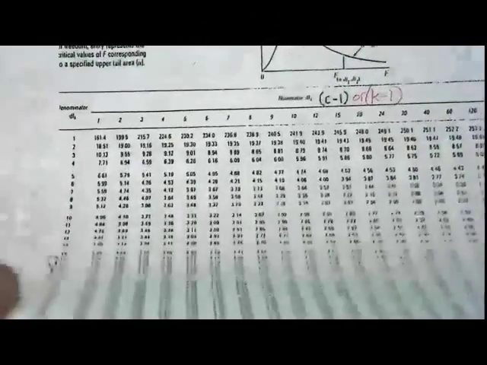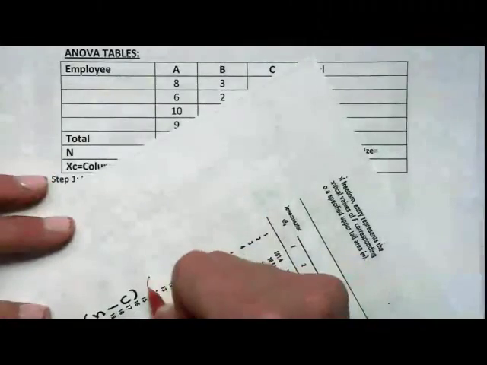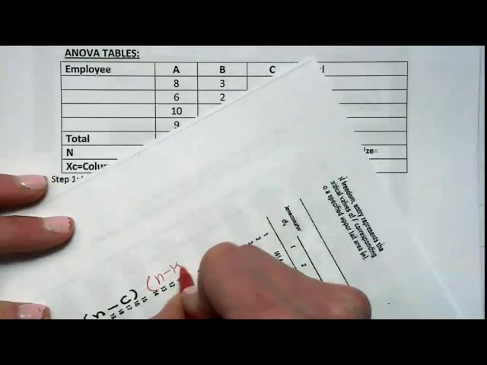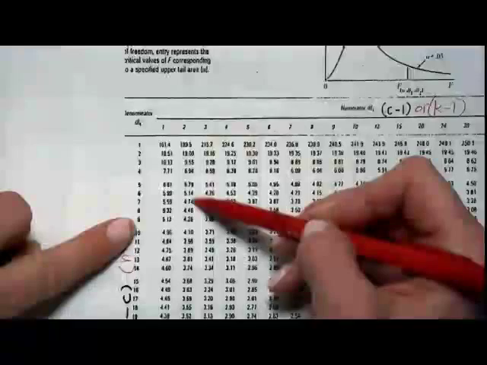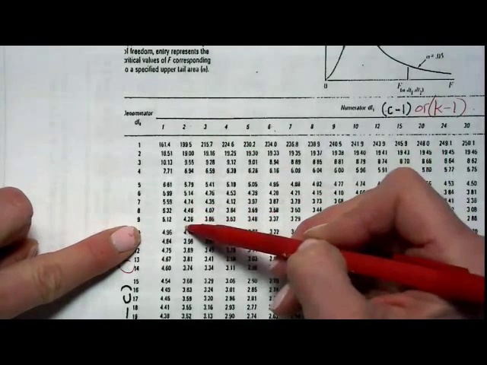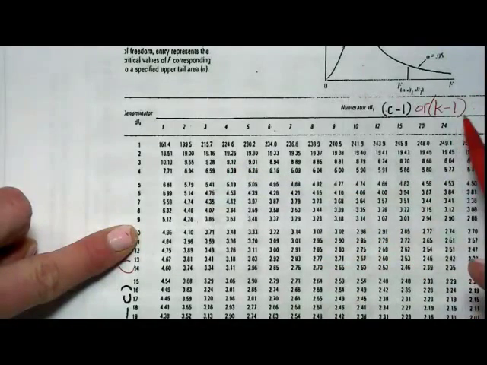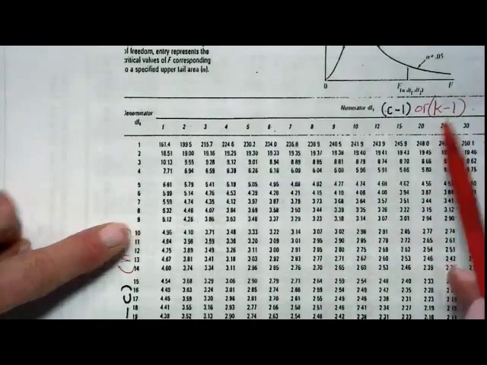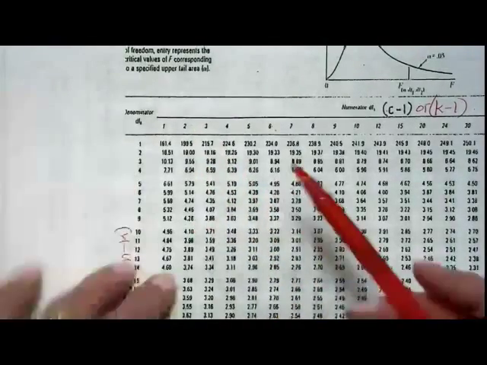Well, in our example, K minus 1 was 2. And then this is N minus K, which is 9. So we're looking up 2, 9, 4.26. Again, K minus 1, N minus K, 2, 9, 4.26.